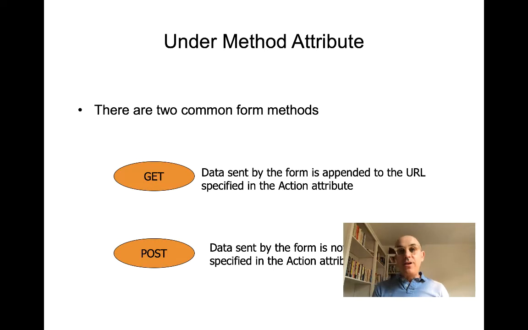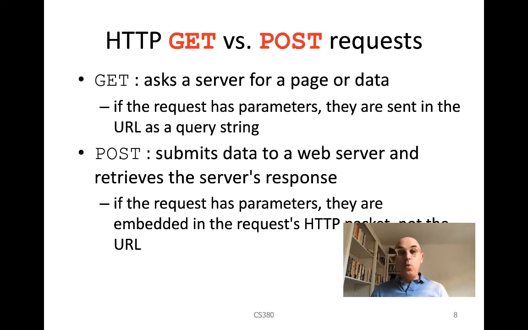There are two methods of submitting a form. One is get and the other one is post. The get is the data sent from a form applied to the URL, specifically in the action attribute. The post data sent from the form is not attributed to the URL. I will show you the difference between them.